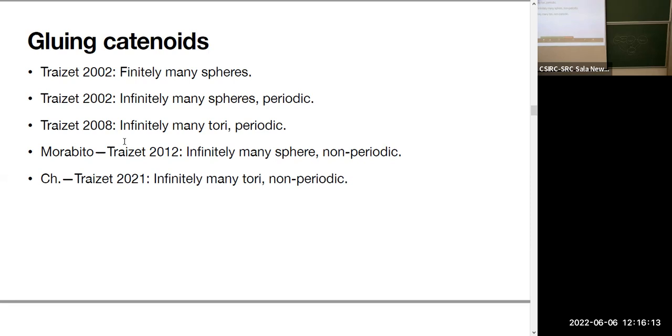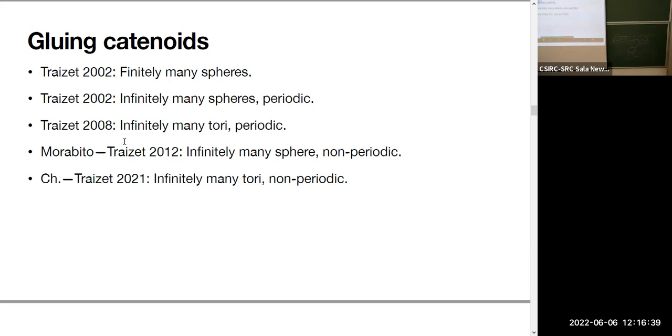And in 2012, this becomes interesting. So he glued infinitely many spheres. This time, this is not necessarily periodic.